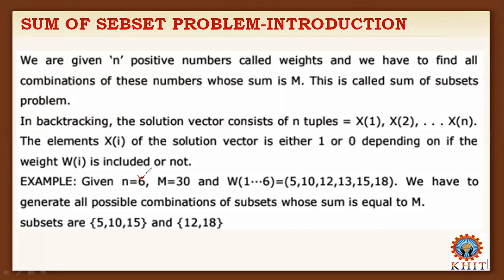N means number of objects or number of elements in the array. N is the number of elements. So here the number of elements should be a positive number, and these elements are considered as weights of each element.